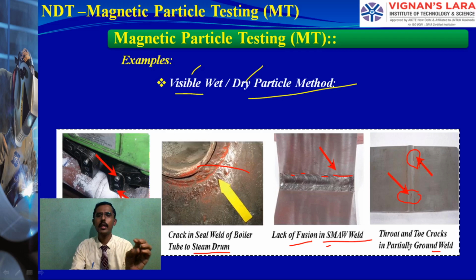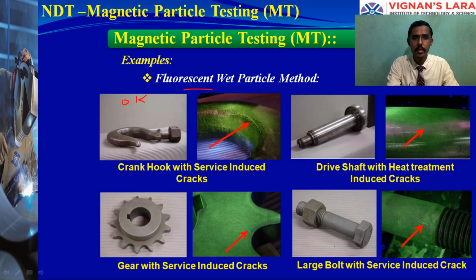But at the same time, in the nearby image, when I apply UV light, it is showing a crack there. This is the crack. Then it is not okay. I am rejecting this specimen.